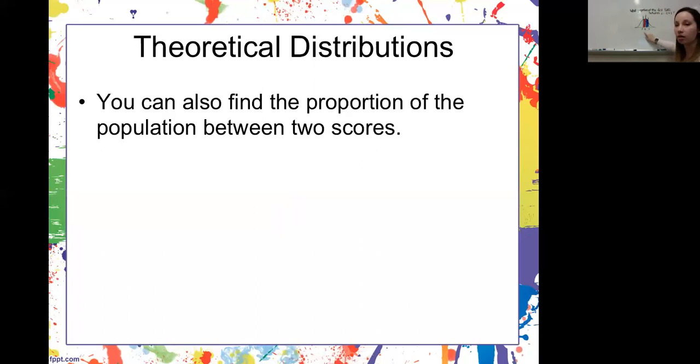And I drew that out here. In the middle, we always have 0. Your mean is always 0 for the Z distribution. Here we've got -1. On the left side, I've colored in the space between -1 and 0 in red, and then I've colored in the space between 0 and +1 in blue.